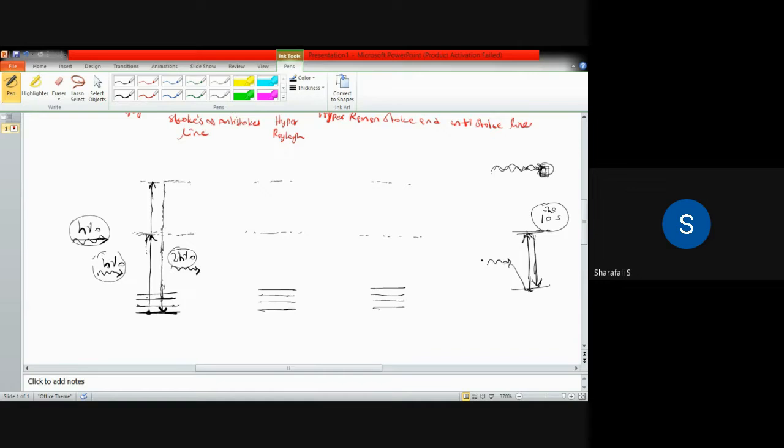And the second photon should interact with the sample within this time frame. Okay, then only it will go to the next energy level. So if the number of photons is less, the second photon may not reach at the same time when this molecule is at the excited state, which means that the molecule will not be interacting with the photons.